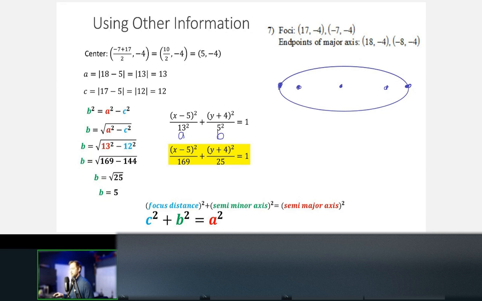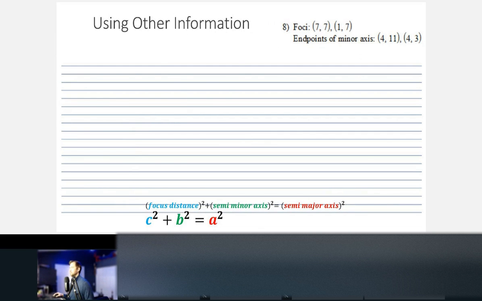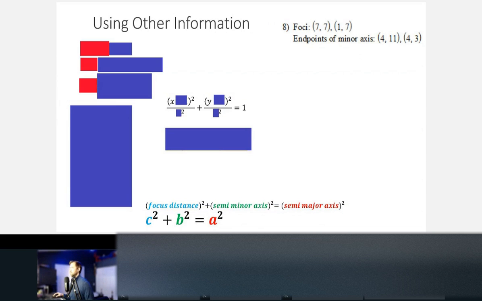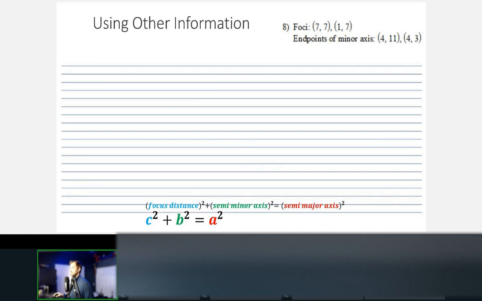Yep. And let's look at our very last problem, number 8. And I did not show that answer this time. One's a little different. So this one, you're given the two foci points, and you're given the vertices of your minor axis.